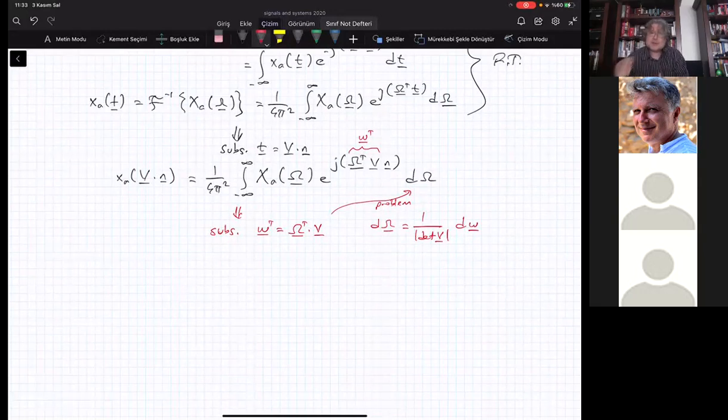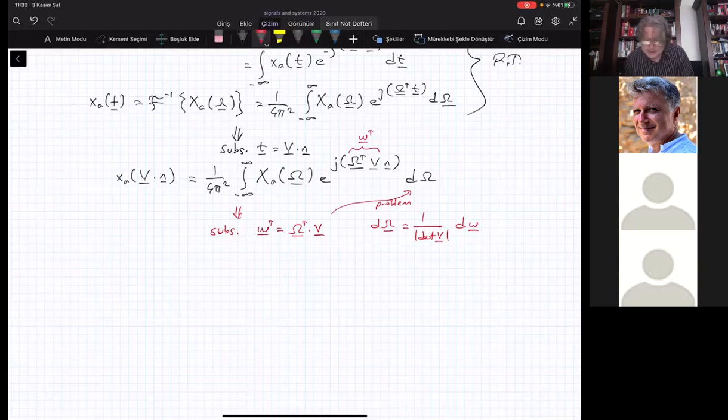But V inverse for the d uppercase omega reflects in the form of 1 over determinant of V, because it imposes a scale in magnitude as well as in the vector domain.